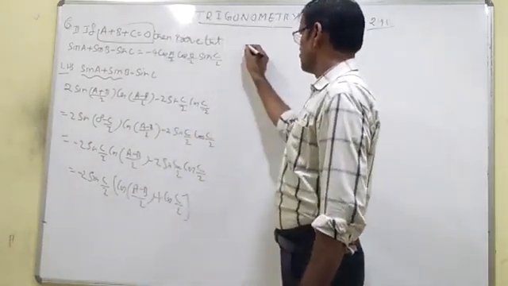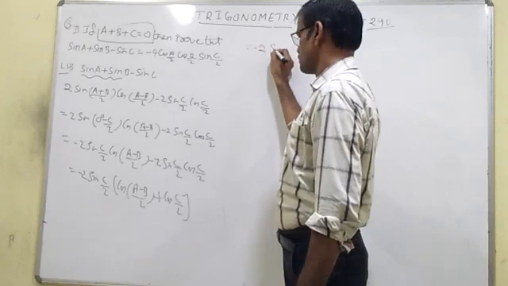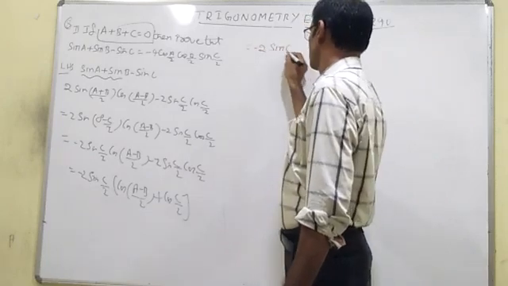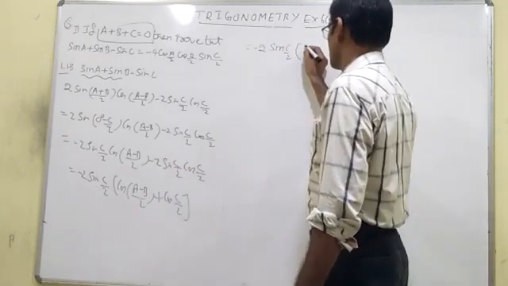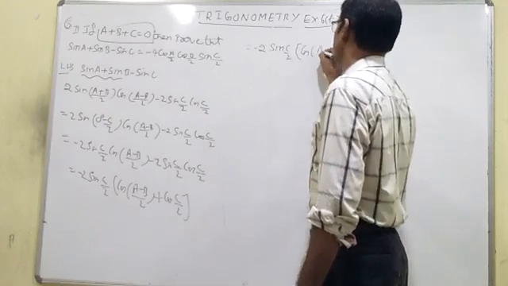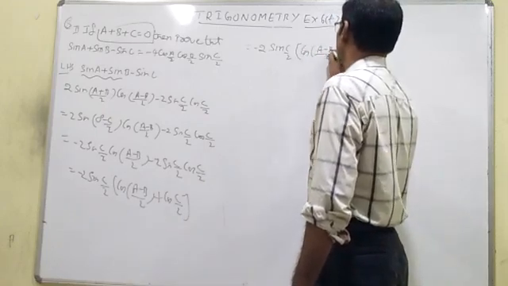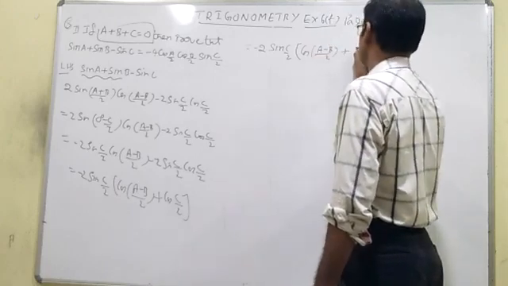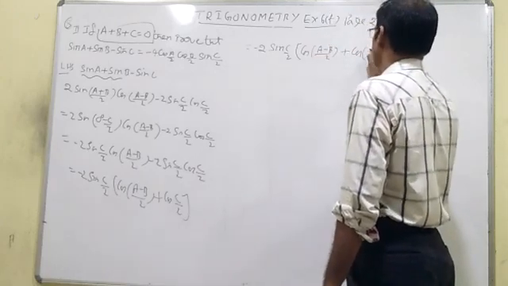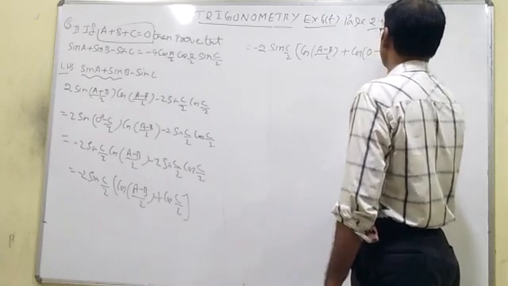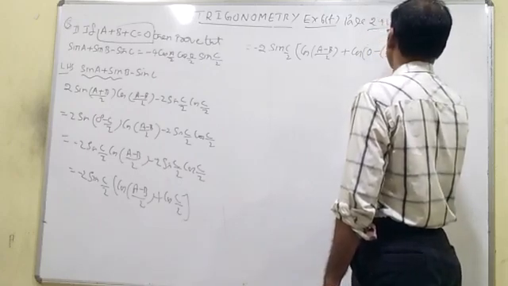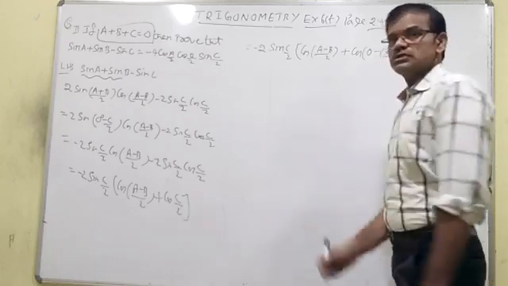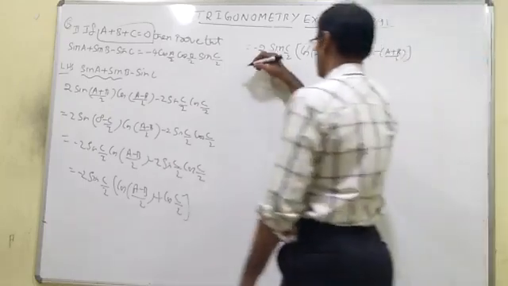That is equal to minus 2 sin C by 2 into cos of A minus B by 2 plus cos of, you can write, 0 minus of A plus B by 2.